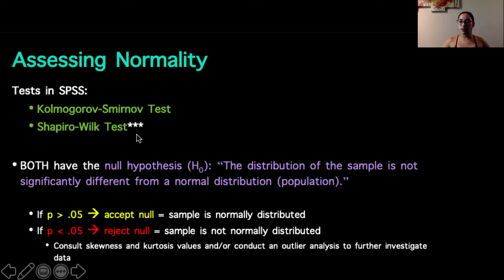Both of them have a null hypothesis, so I try to explain this a little bit more when we go into our videos. But remember, the null hypothesis is true until it is proven wrong. In this case, the null hypothesis is that we are assuming the distribution of our sample is not significantly different from a normal distribution, which we would say our population should have a normal shape, right?